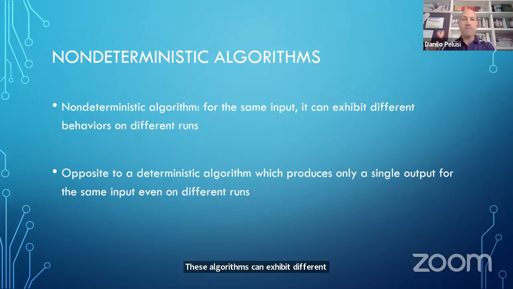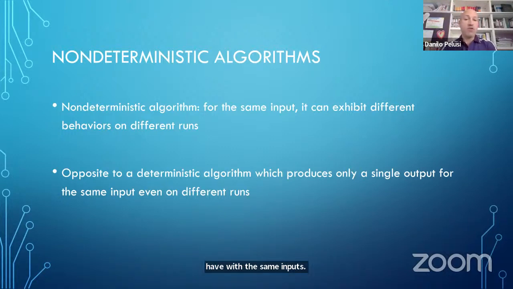In other terms, unlike a deterministic algorithm, where with the same inputs we obtain the same outputs, in this case, with non-deterministic algorithms, we have with the same inputs different outputs.